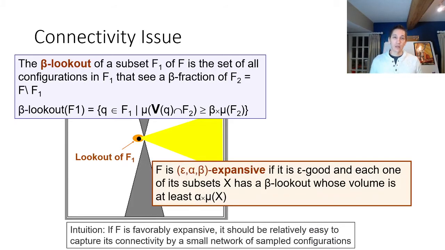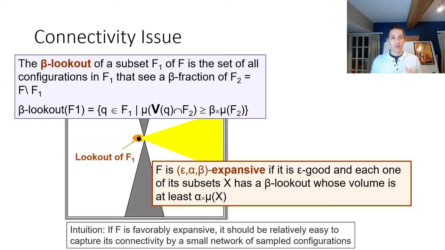And the final definition that we're going to be talking about in terms of characterizing the visibility properties of the space is called epsilon-alpha-beta expansiveness. The idea here is that not only is the space epsilon good, but also all of its subsets have a beta lookout whose size is at least alpha times the volume of that subset.